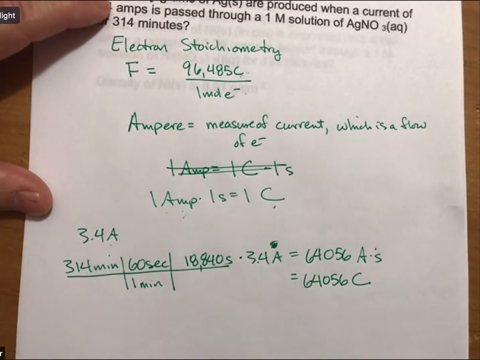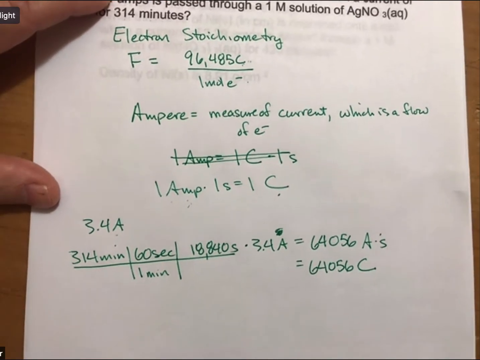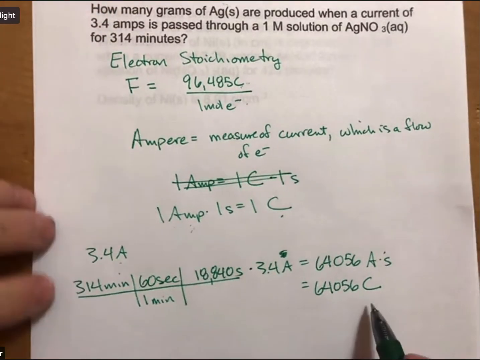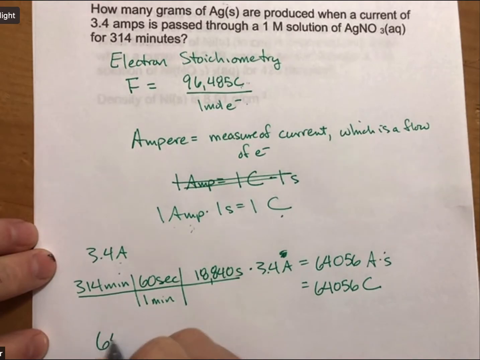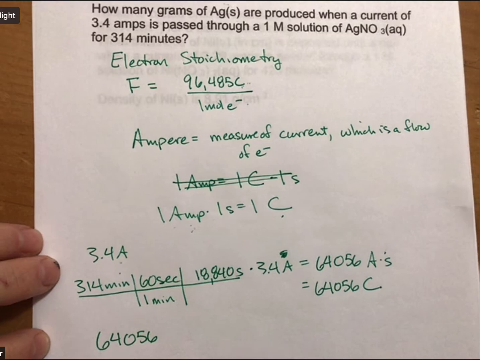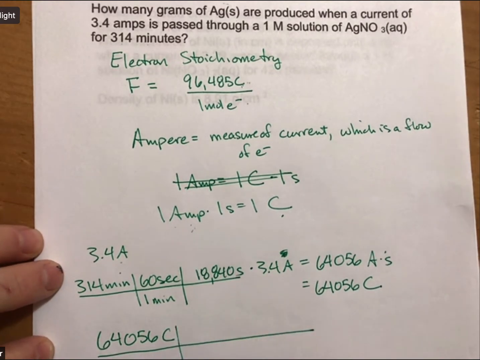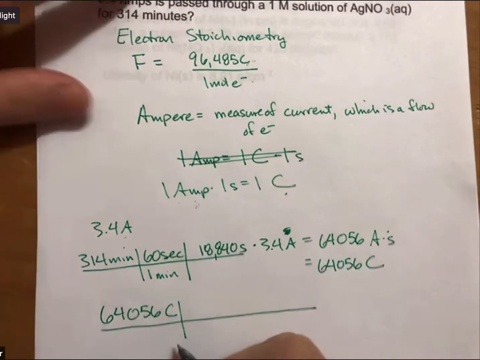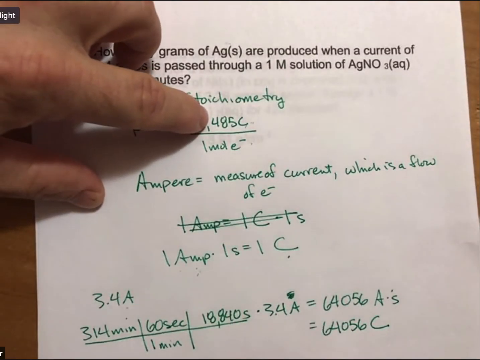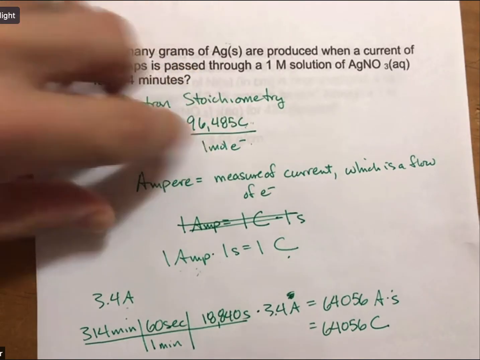There we go. And from now on, I'd like to put this into a picket fence like I like to do. 64,056 coulombs. 96,485 coulombs is 1 mole of electrons.